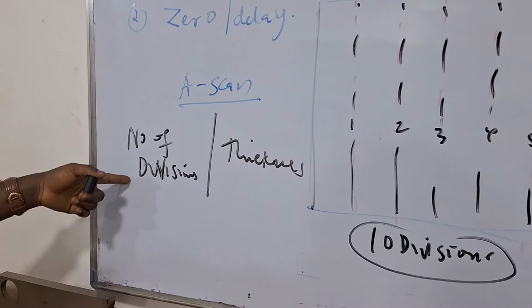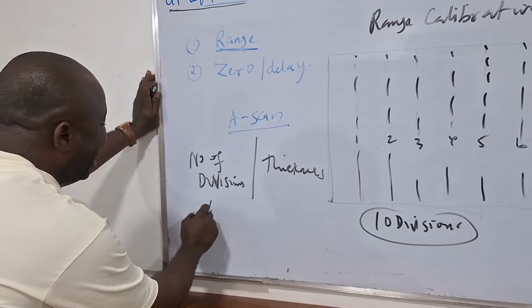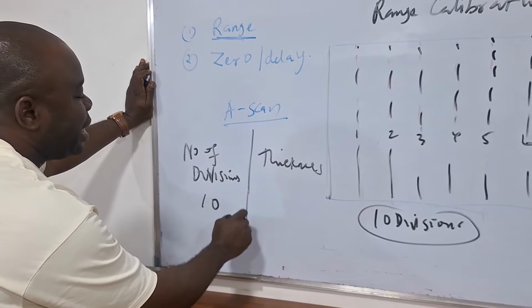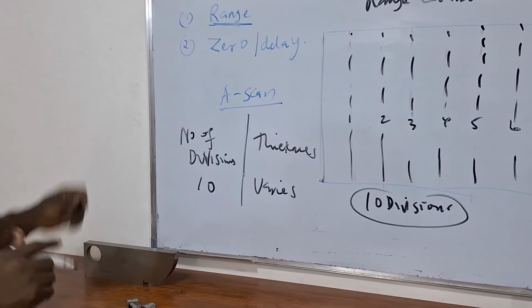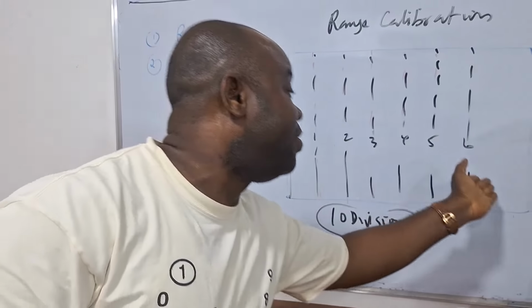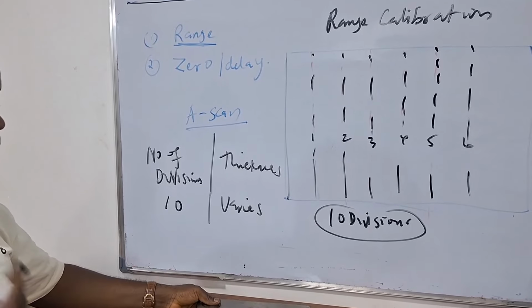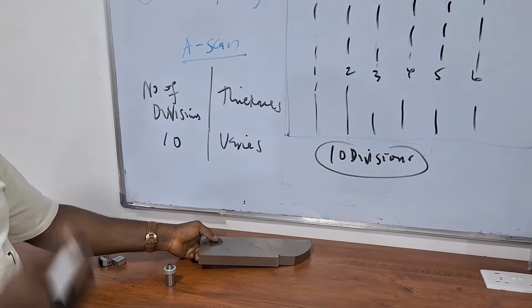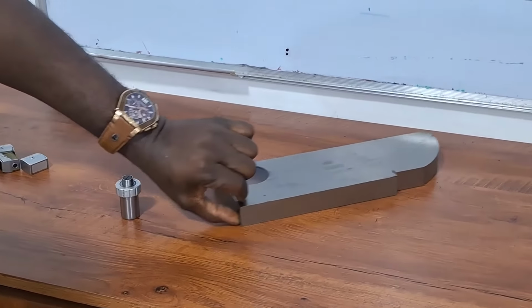What does this mean? The number of divisions is constant, usually 10. Your thickness is what varies. So what does that mean? My screen does not change. There will always be 10 divisions. If I come to this block, let's say I'm doing 0 degree, which is thickness, and let's say I take this as my known thickness.